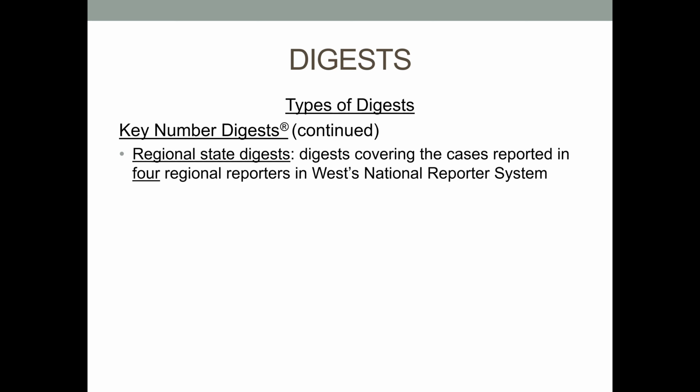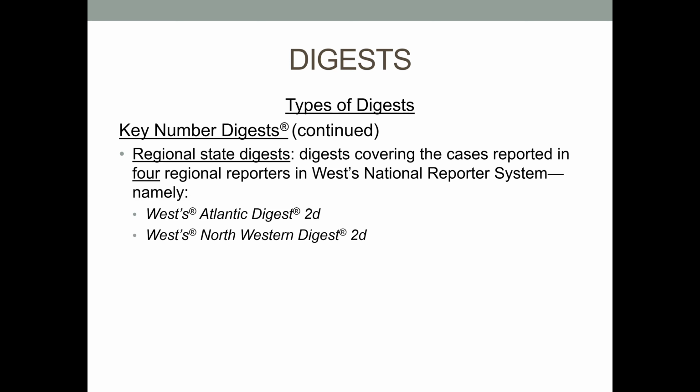There are also regional state digests, as I mentioned, that West publishes, and they will cover the abstracts from all cases published in one of 4 of their regional reporters that West publishes. West's Atlantic Digest, Northwestern Digest, Pacific Digest, and Southeastern Digest. Those are the 4 regional reporters for which West has published a corresponding digest. There is no regional digest for the Southwestern Reporter, unfortunately.